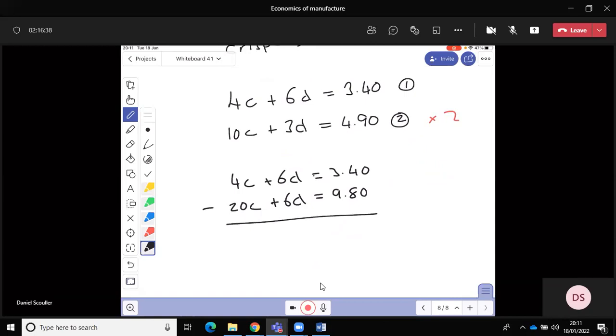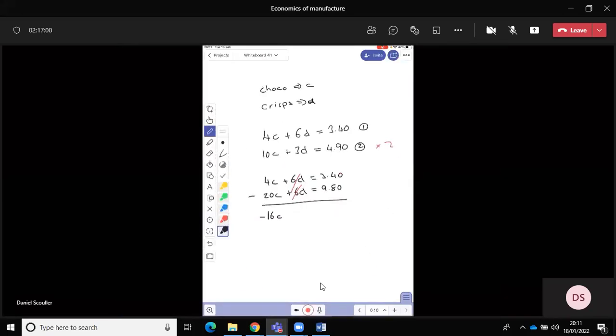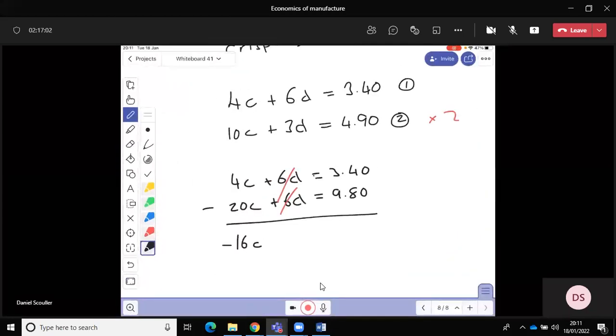So we'd have minus 16C. Okay, 6's would eliminate themselves. We'd have £3.40. Where's my calculator? £3.40 minus £9.80. Okay, which would give us minus £6.40.